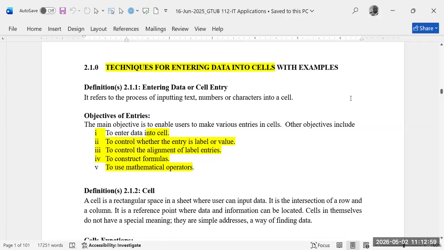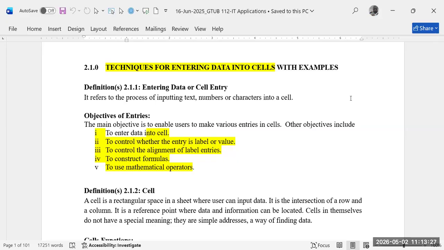Techniques for entering data into Excel. Excel enables you to enter data. Once you have input in a cell, you can control whether it is a label or value. So these are the objectives of cell entries. You can control whatever you have is a label or values.